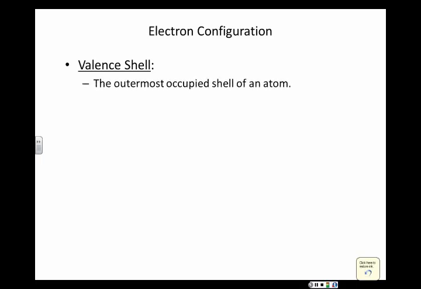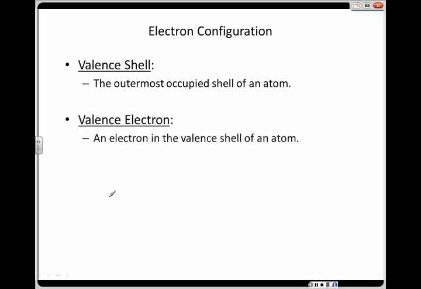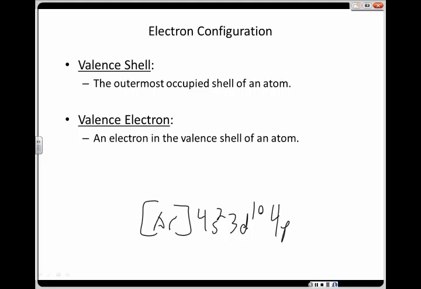The valence shell is the outermost occupied shell, the one with maybe not even the highest energy necessarily, but the one with the highest n number in front. So the outermost, the one that's farthest away, and that's what's important here. Even if you get up to something like argon, 4s2, 3d10, 4p4, I still say there's only 6 electrons in the outermost shell.